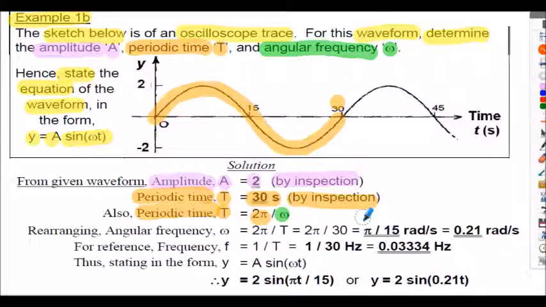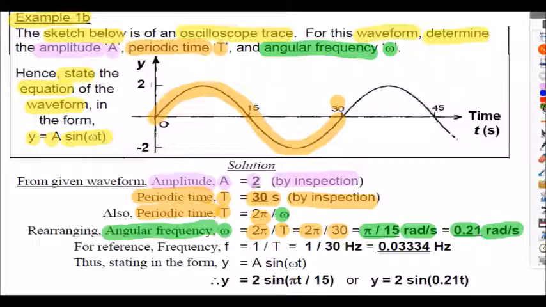So multiplying both sides of this equation here by omega and dividing both sides by capital T, we can rearrange the equation to find the angular frequency, omega, is equal to 2 pi divided by the periodic time T. Putting the values into the equation, then 2 pi divided by the periodic time, which is 30 seconds, produces an omega value of pi divided by 15 radians per second, or in decimal, dividing pi by 15, we get 0.21 radians per second to 2 decimal places.